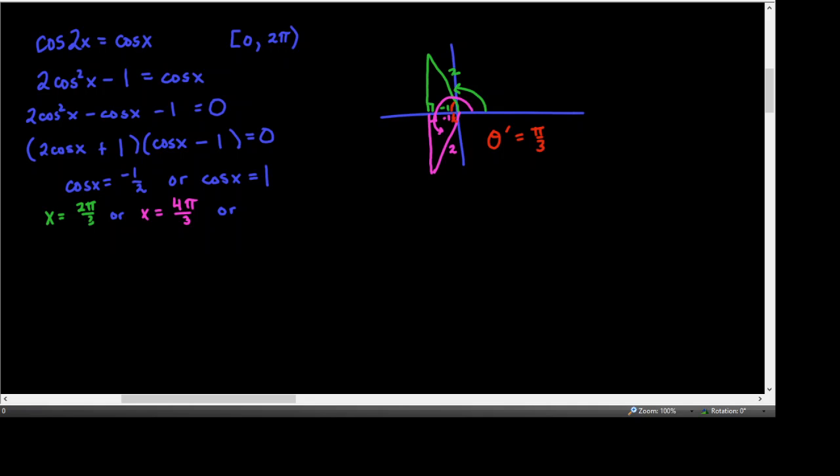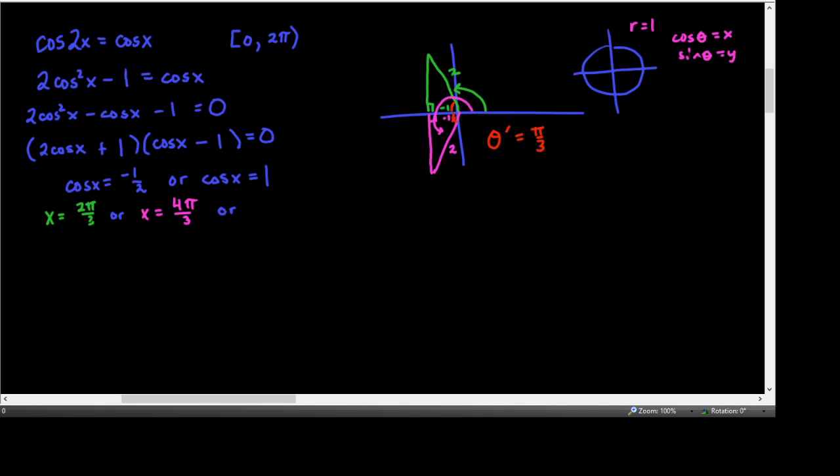And then where does cosine of x equal +1? If you recall, that's where we use the unit circle because it's a special quadrantal answer. And if r is 1, that means that the cosine of theta is the x-coordinate, and the sine of theta is the y-coordinate, because x over 1 would be x, y over 1 would be y.